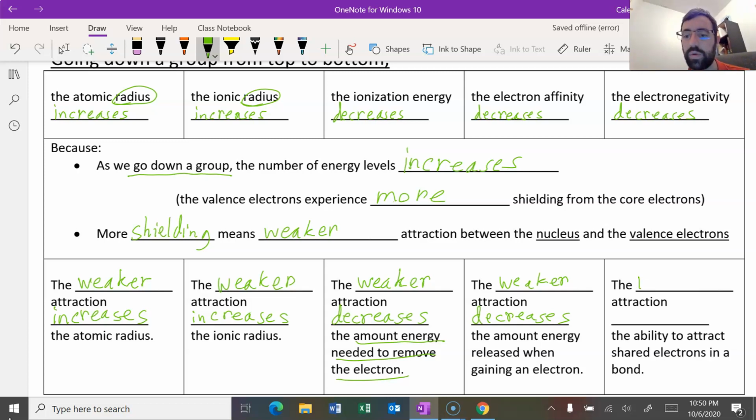And then over here, the weaker attraction decreases the ability to attract shared electrons in a bond. Again, if it already has a weak pull on the electrons it has, when it bonds with another atom, it's not going to be pulling on the other atom's electrons as much as if there was a stronger attraction.